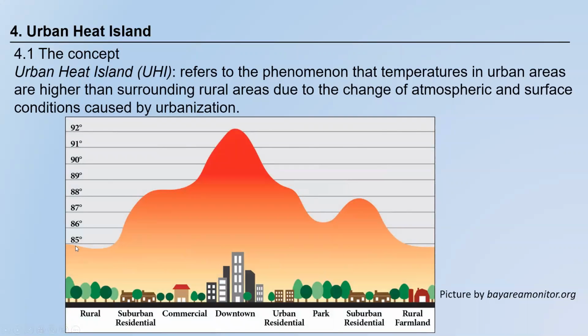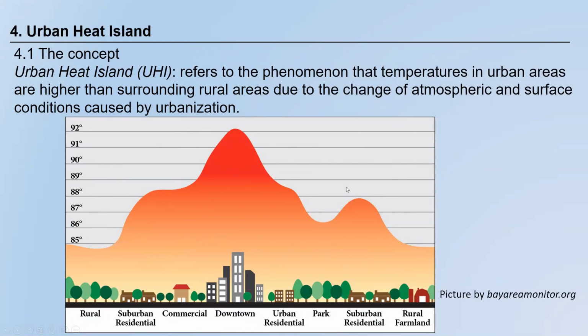And when we're talking about the temperature, this red or pink area is what you see. The vertical axis is for temperature in Fahrenheit in summer. So in the downtown area, usually the temperature is the highest.